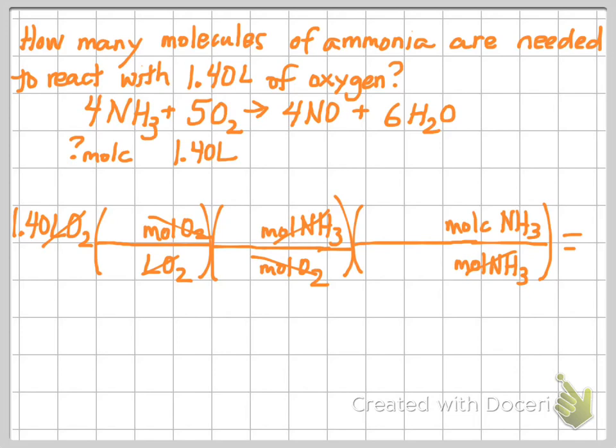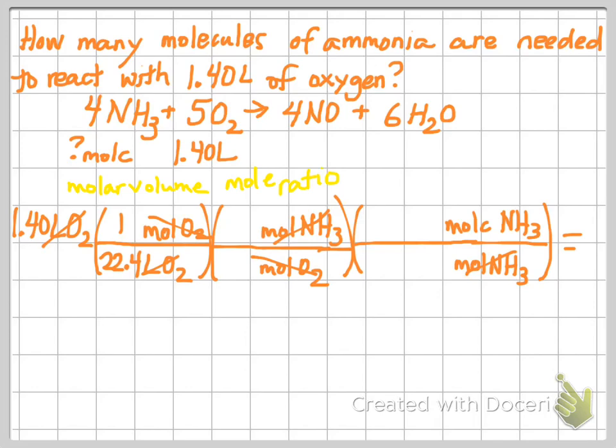What about my numbers? Again, this first tool here, this is molar volume. And so in front of moles is 1 and in front of liters is 22.4. This next tool is my mole ratio. This is how I'm changing from one substance to another.